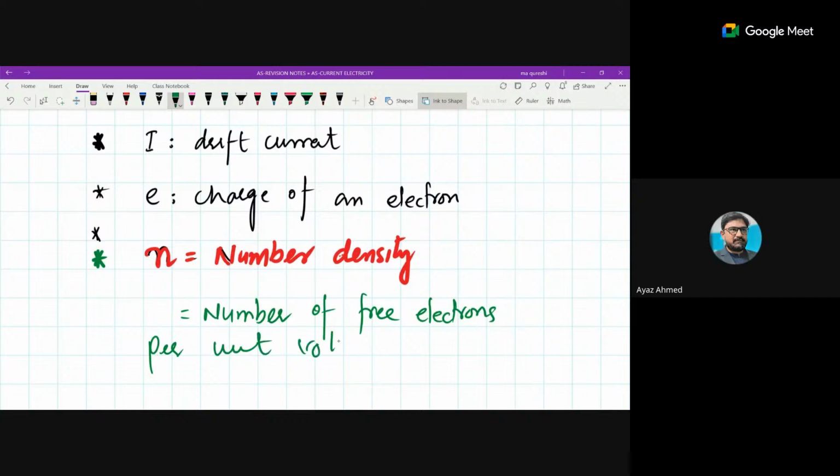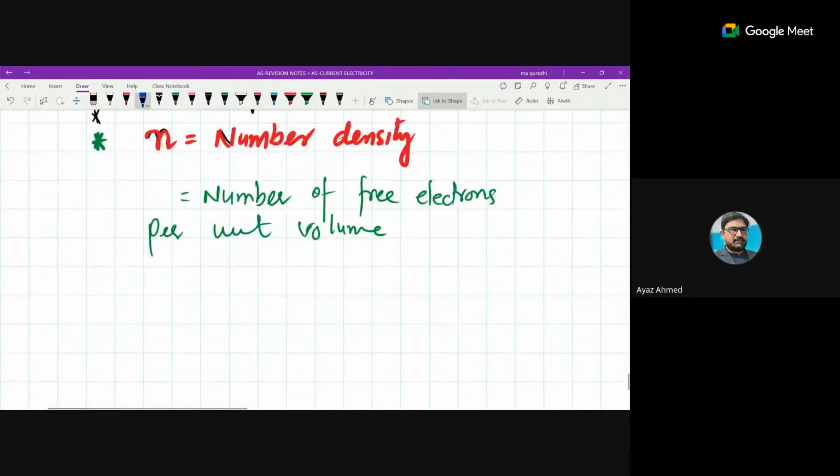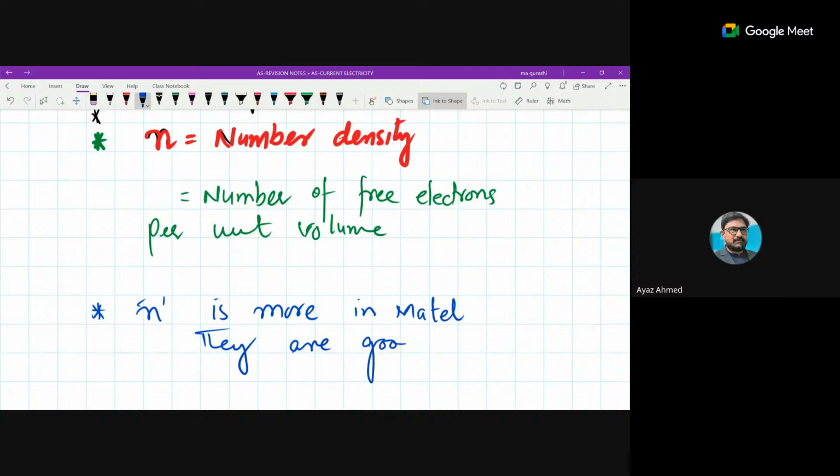and that depends upon the nature of the material. It's very important here that N is greater in metals, because in metals the free electrons per unit volume are greater. That is why they are good conductors.